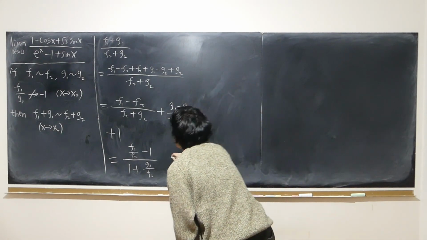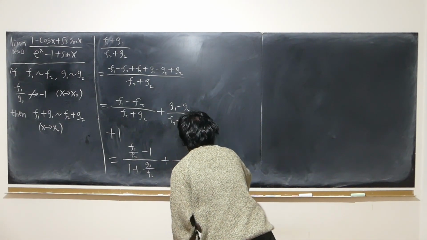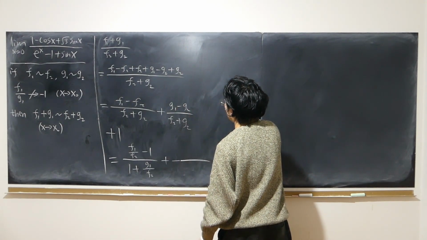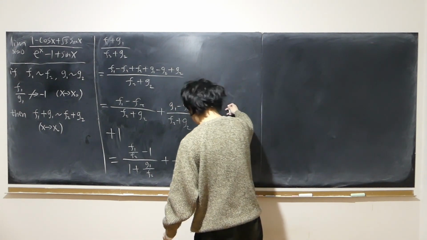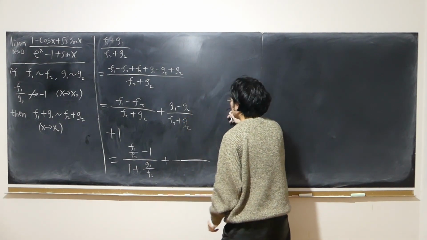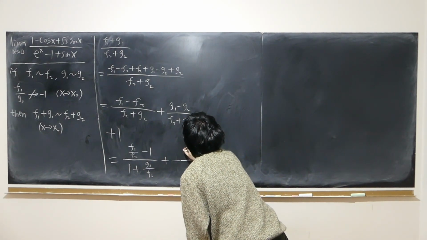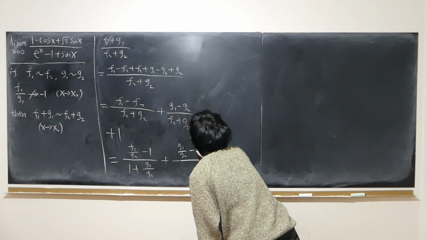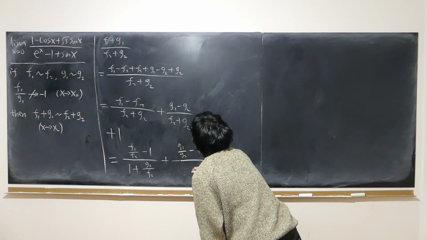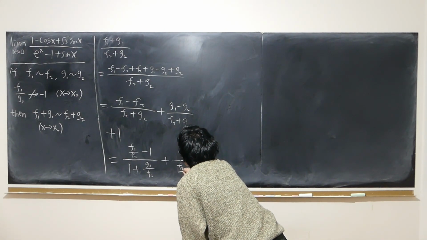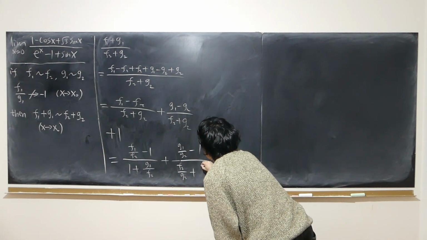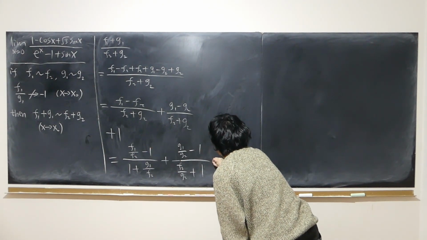Likewise to this, maybe I can divide by g2. So g1 over g2 minus g2 over g2, 1. And f2 over g2 plus g2 over g2, 1. Plus that 1.